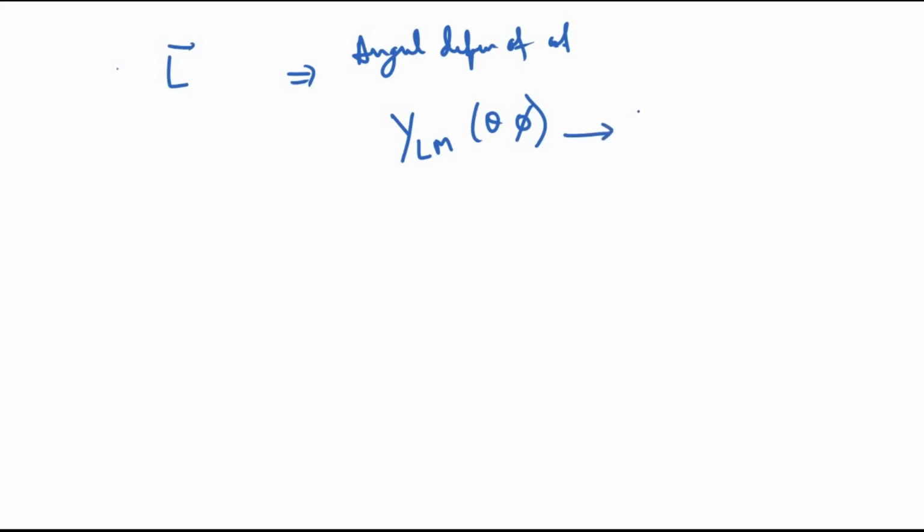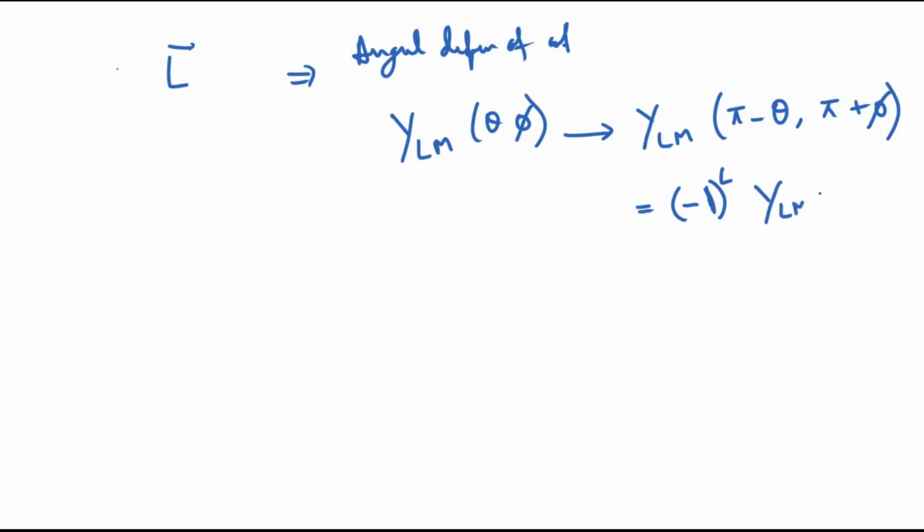As a result, we get Y_LM(pi minus theta, pi plus phi), and the result is minus 1 to the power L times Y_LM(theta, phi). So basically this means that the parity of Y_LM is minus 1 to the power L.